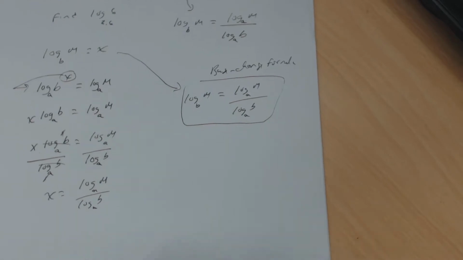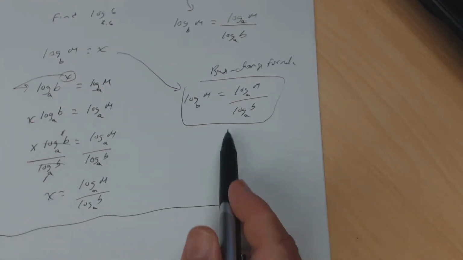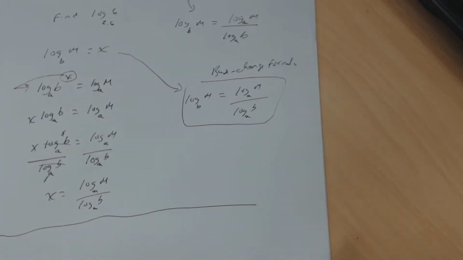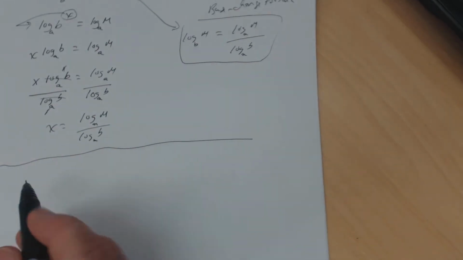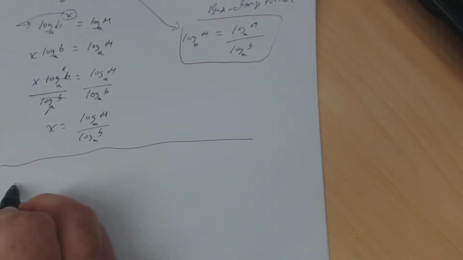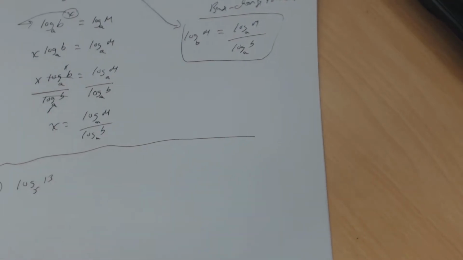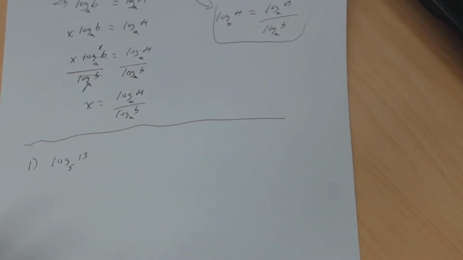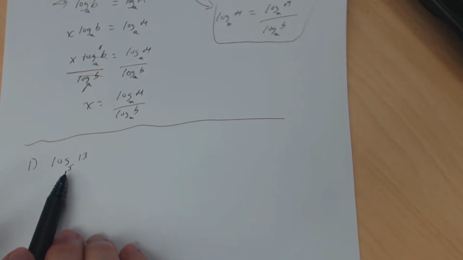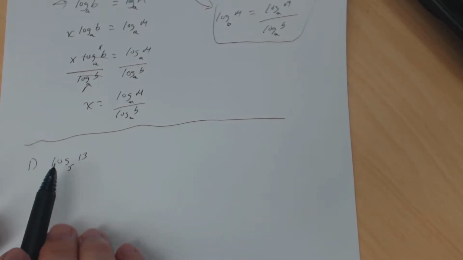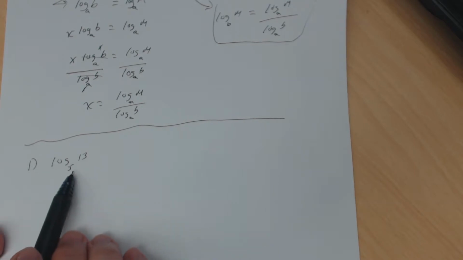Okay, so let's look at some examples, and we're going to see how to use this base change formula. So the first one, let's suppose you want to find the log of 13 base 5. Now listen carefully to this. If you use what we did previously and try to do this without a calculator, it's impossible. 5 to what power is 13?